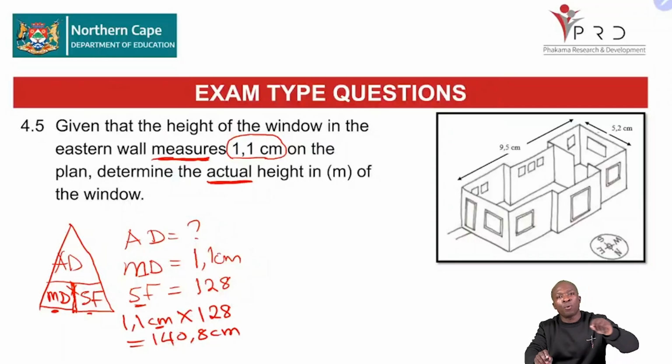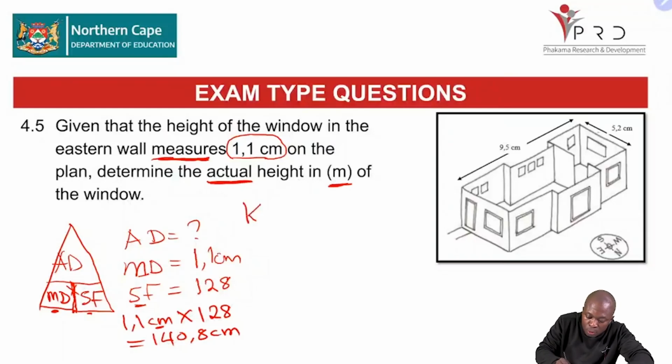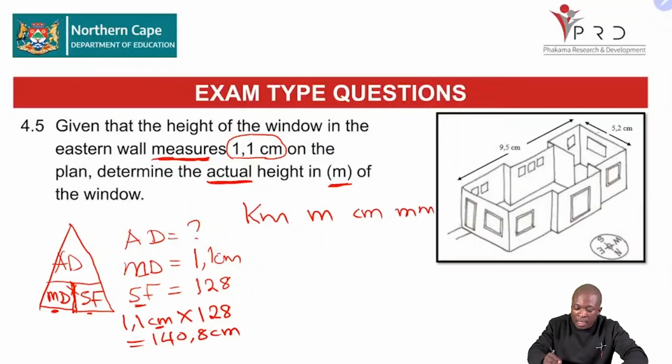But you are not done. Remember, you have to go back to the question. Look at what the examiner wants. It says we want our answer to be in meters. So are you going to convert from your head and lose all the marks? Definitely not. Write your conversion factors here. It says kilometers, meters, centimeters, and millimeters. What are the values between them?